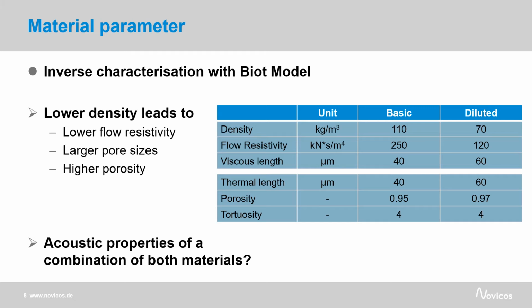For the simulation, I used the material model from Biot, which is a quite common model for the description of porous materials. The included parameters are the density, the flow resistivity, the viscous and thermal lengths, which describe the size of the connection of two pores and the diameter of the pores, the porosity and tortuosity.